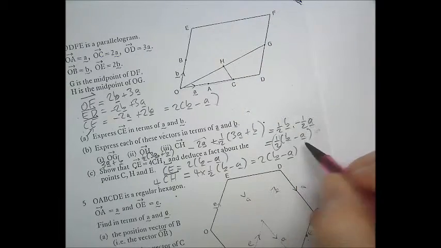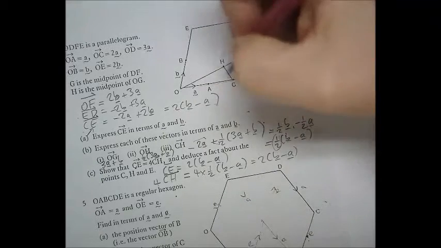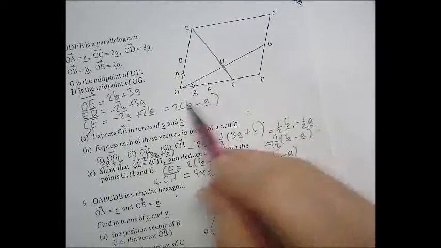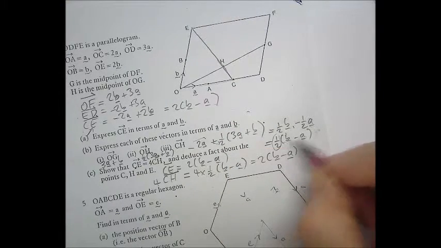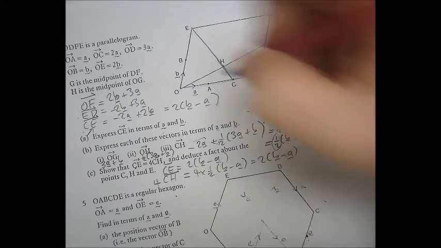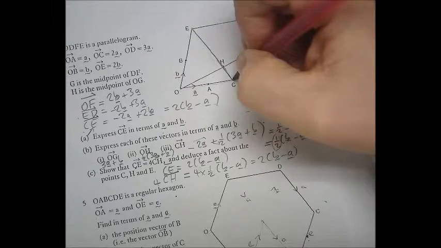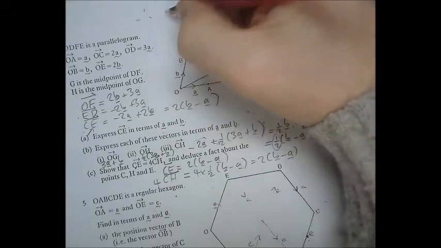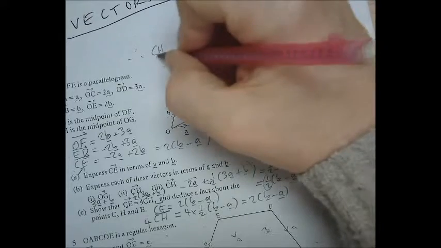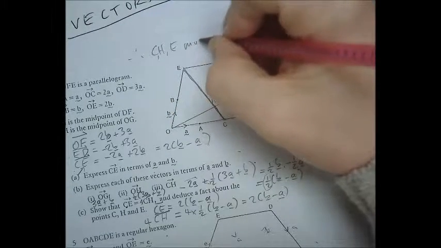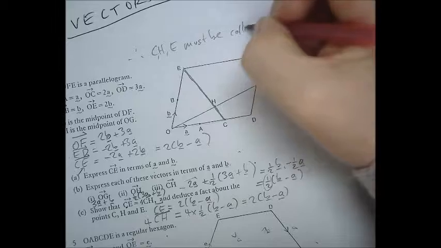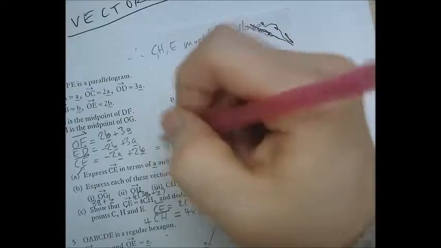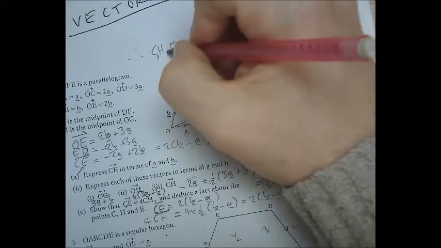We wouldn't have been able to do that if they were not in the same direction. So therefore, C, H and E must be on the same straight line, but we use the technical term, which is collinear, and then you always use this standard wording for your little conclusions that you have to draw from your naming.